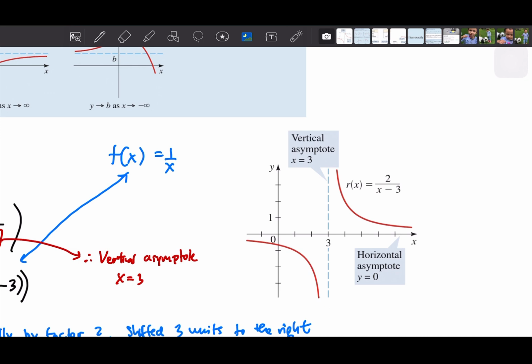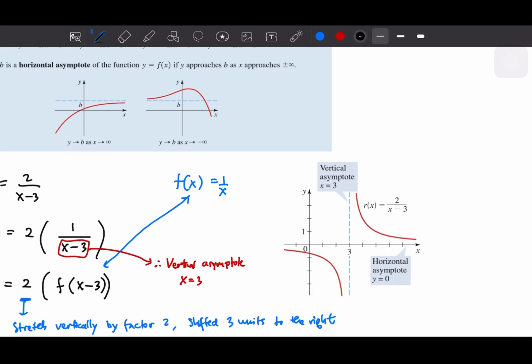So this is what we call the transformation of y equals 1 over x. Nothing new. We have learned about these transformations in previous sections. We just apply them again, but now to rational functions.